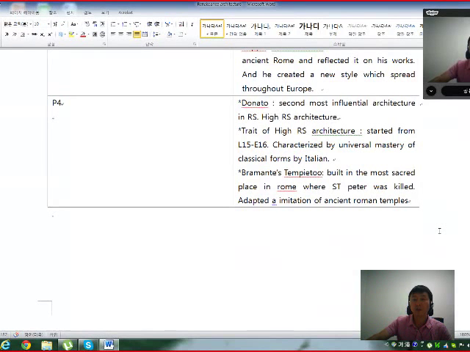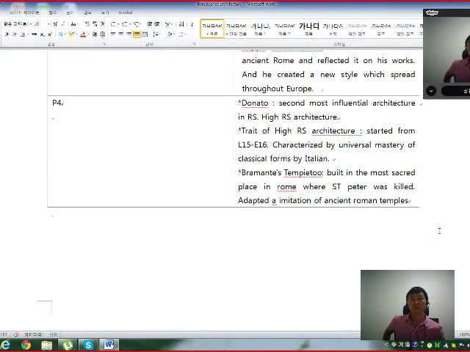Okay, so we were talking about Donato. He was the second most influential architect of the Renaissance. Why don't you tell me about the notes we have taken so far? Donato was the second most influential architect in the Renaissance.